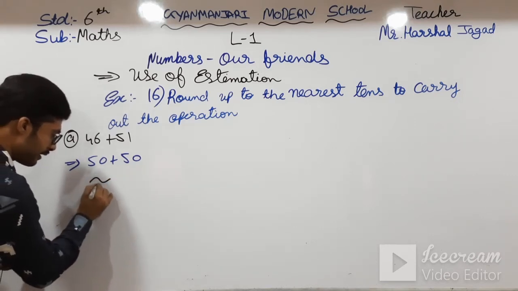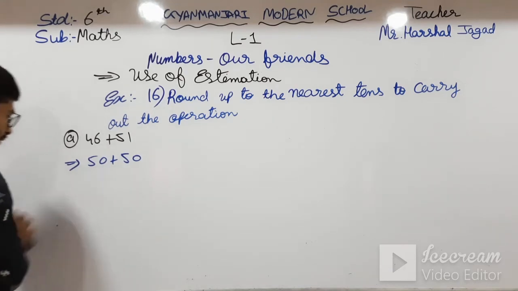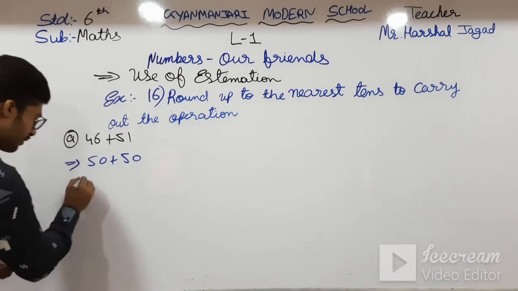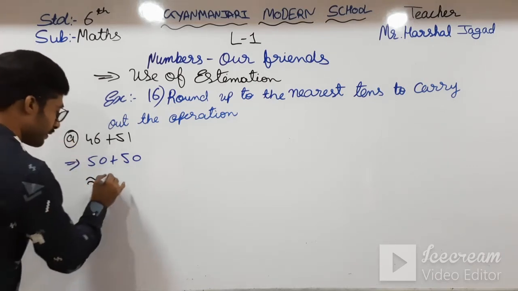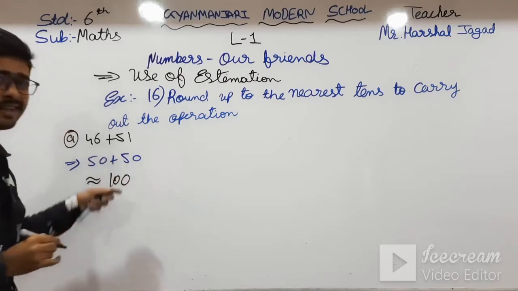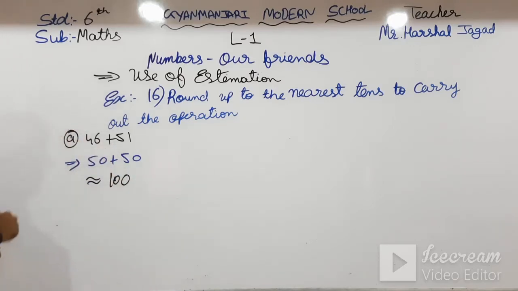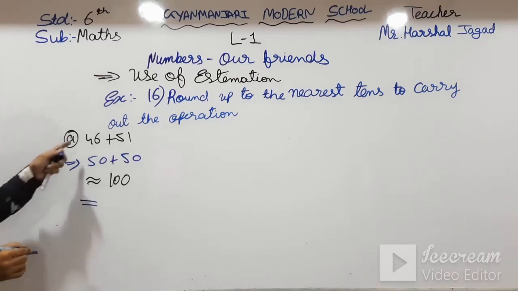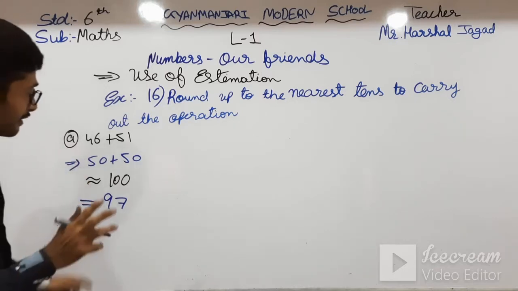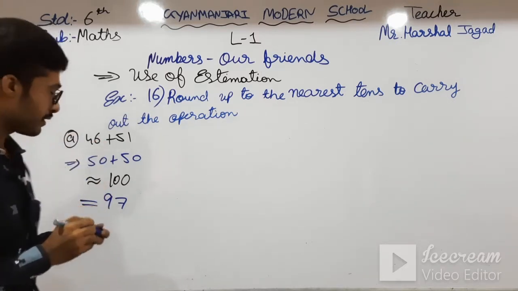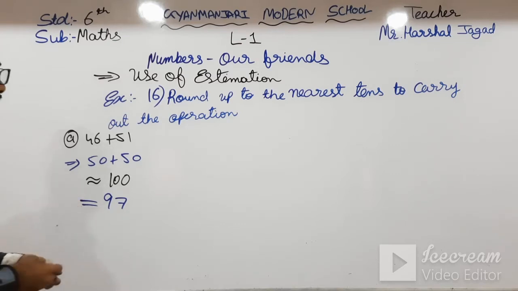This is the sign of the approximate of the answer, that is approximately the answer will be 100. Okay students, but the actual answer is 97. There is a difference of only 3. This is the approximate answer and this is the perfect answer.